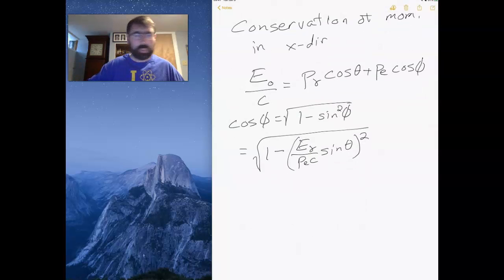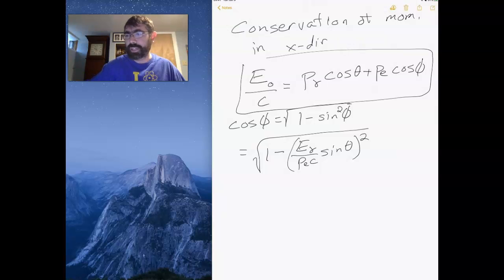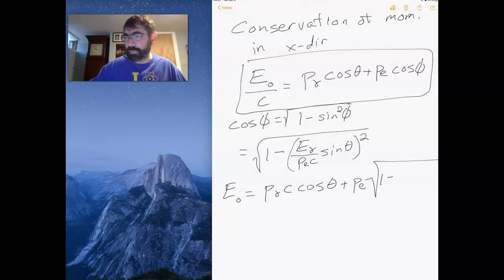So that means we have the square root of 1 minus quantity E gamma over PEC sine theta, squared. Okay. So now we can put that together. So if I multiply this equation up here by C, I would get E initial is equal to P gamma C cosine theta plus PE times the square root of 1 minus E gamma squared over PEC quantity squared sine squared of theta.